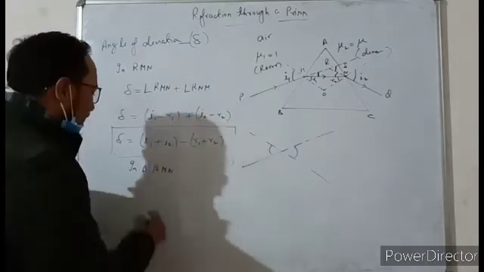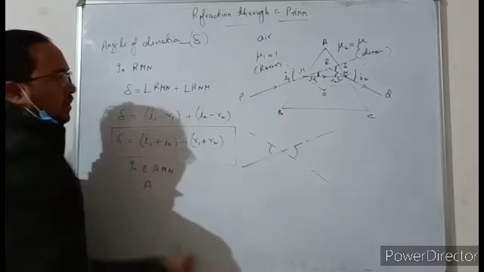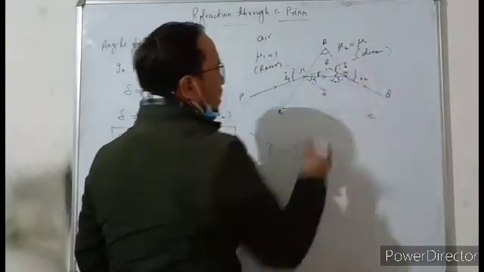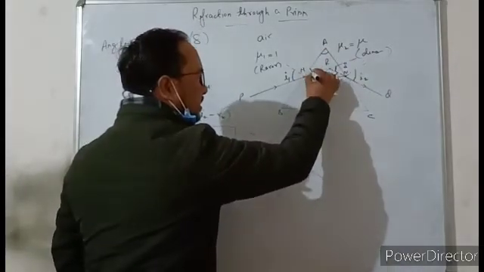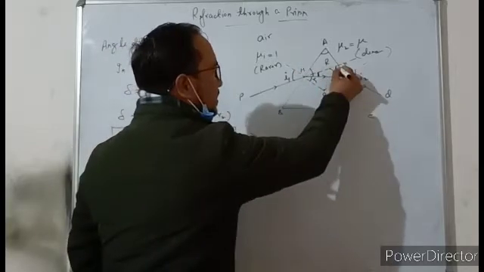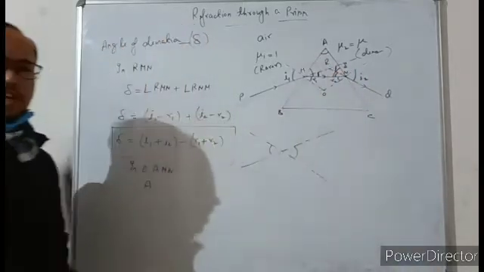So we can say the angle A, which is the angle of prism, plus this angle plus this angle should be equal to 180 degrees.